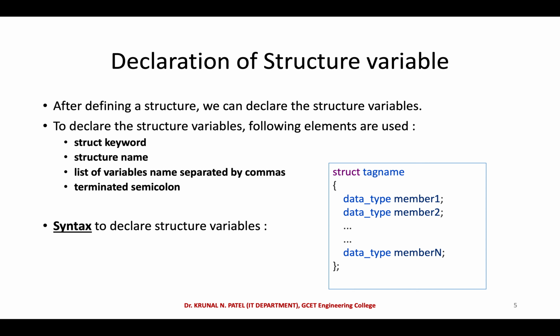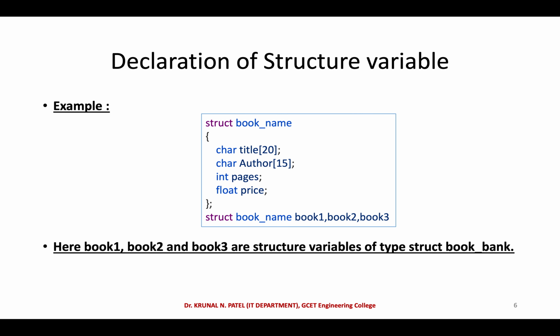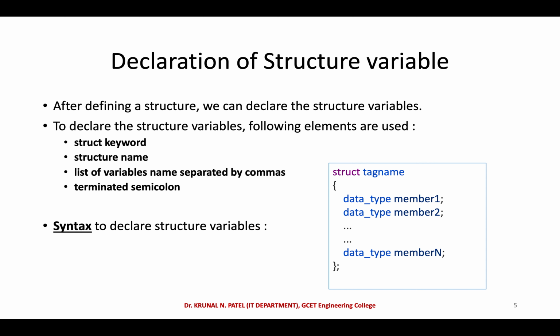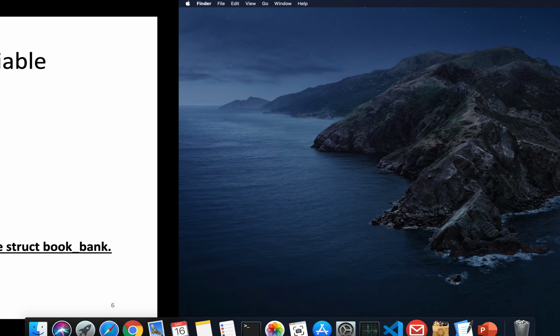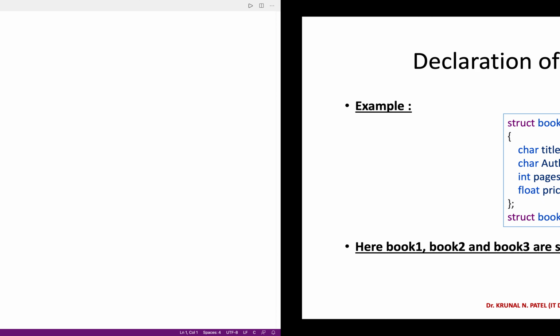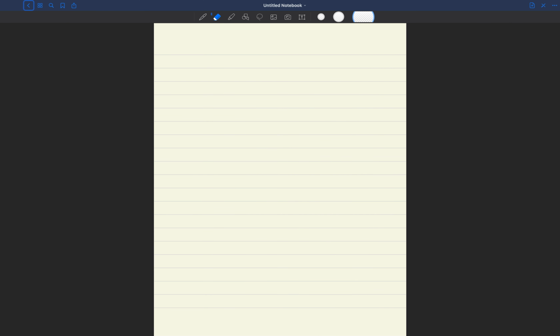Okay, right. Now the next point is, here another example is given. But before this, let's understand how you can define this particular structure and how the memory is allocated to it. For that, we are going to use a particular definition over here.